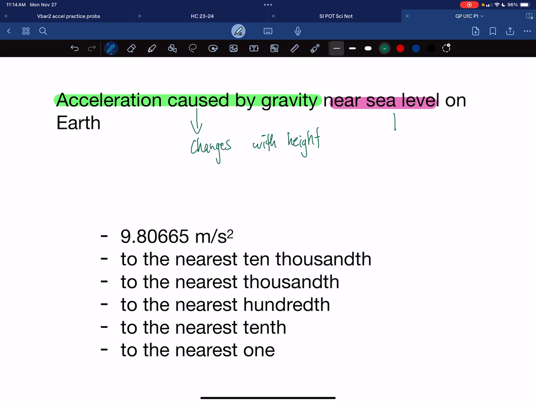When we're talking about near sea level, we mean within the normal range of heights that humans experience.